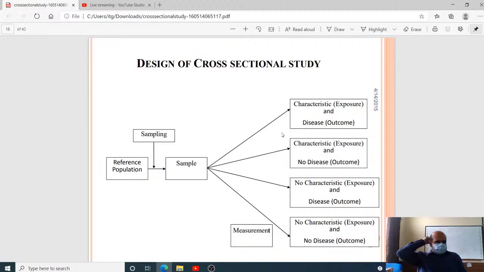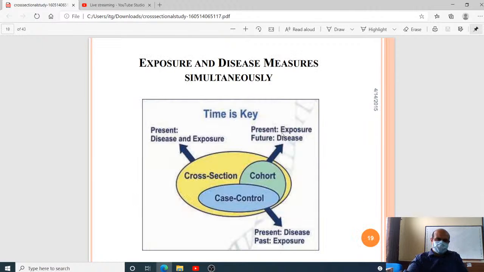So there are different sets of exposure and outcome we can find out: characteristic and disease, characteristic and no disease, no characteristic and disease, and no characteristic and no disease. It is just like a 2 by 2 table in chi-square.